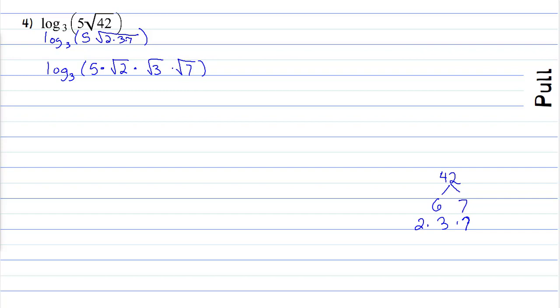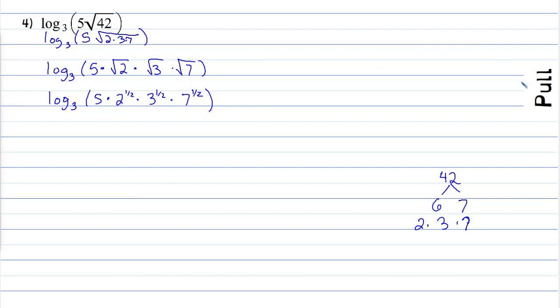So we now need to take and write these as exponential. And so we have log base 3 of 5 times 2 to the 1/2 power times 3 to the 1/2 power times 7 to the 1/2 power. And y'all could skip some of these steps. If you don't feel like you need these steps, go ahead and skip them.